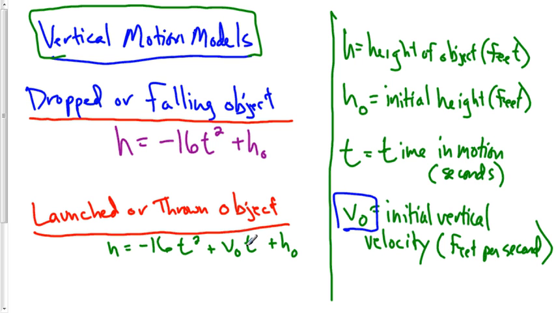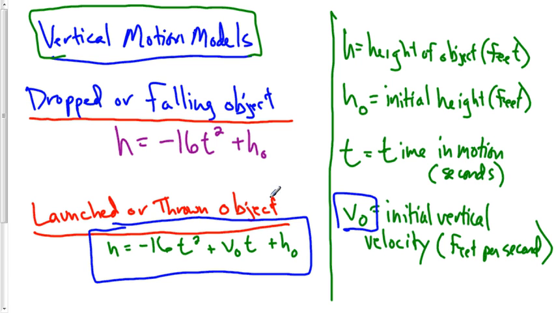So v naught times t plus the initial height. So the difference between the two, if you just drop it or let it go, the initial velocity is 0. 0 times the time is 0. So you could use this for both scenarios, just knowing that, again, if it's dropping, there's no initial velocity. So if you throw it, then obviously there's initial velocity, and you're going to need to have that component in.